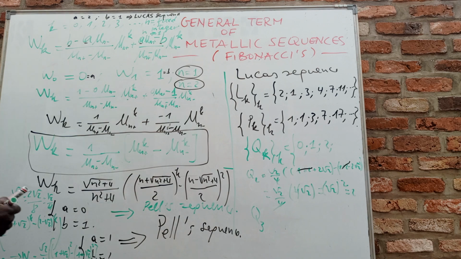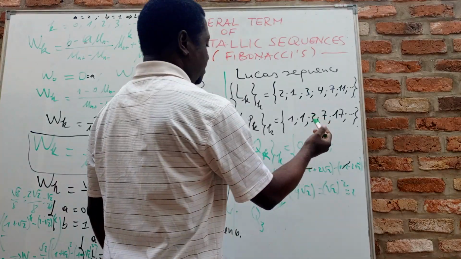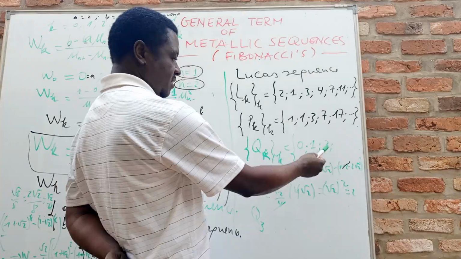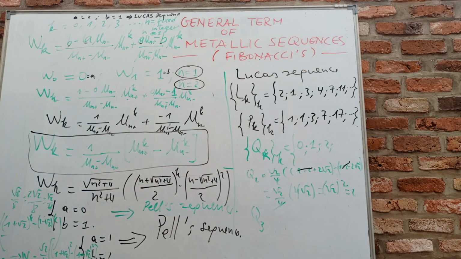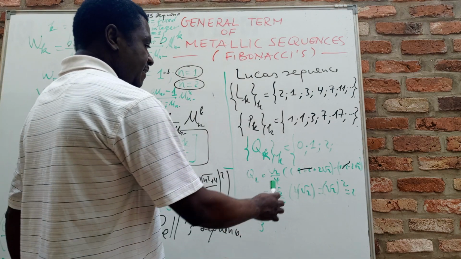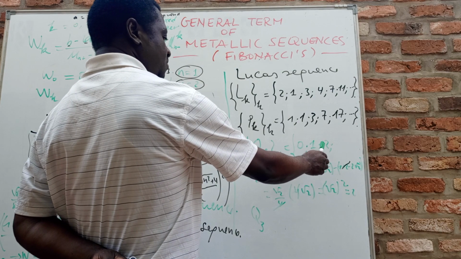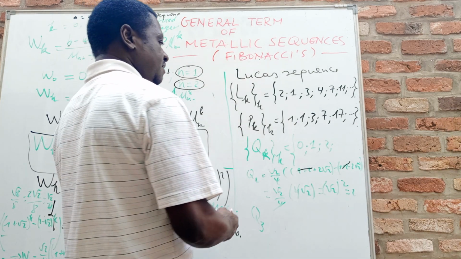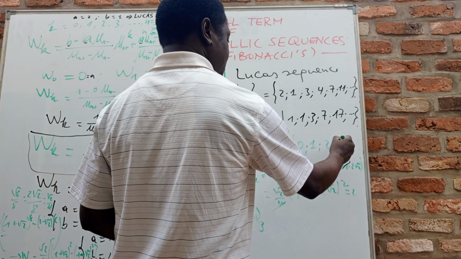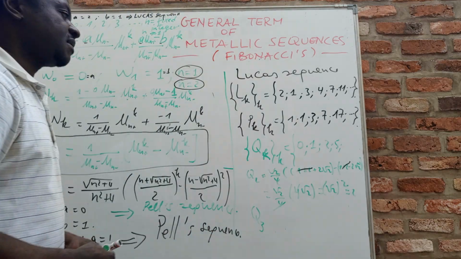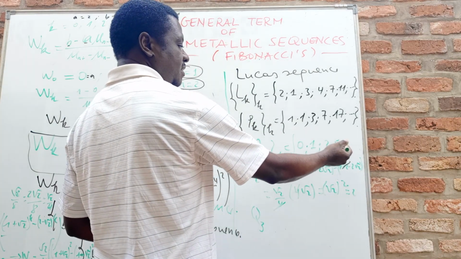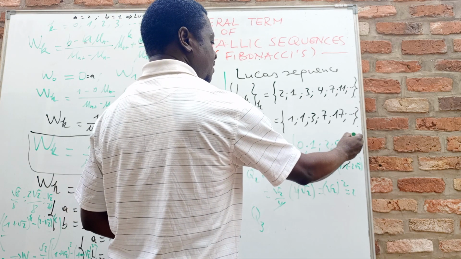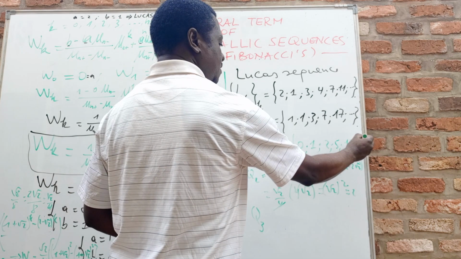And what you are going to get as the recurrence relation here becomes easy to work with, except for getting the general term. So it is going to be 2 times 2 plus 1, which is going to be 5. After calculation, you're going to have 5. The next one is going to be 5 times 2 is 10, 10 plus 2 is going to be 12, and so on and so forth.